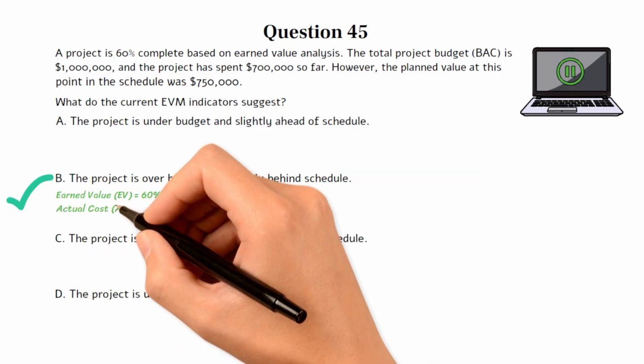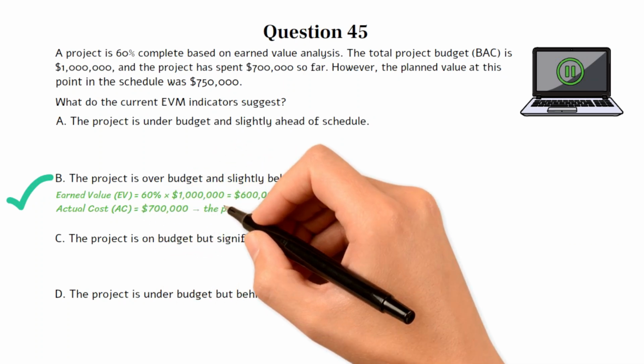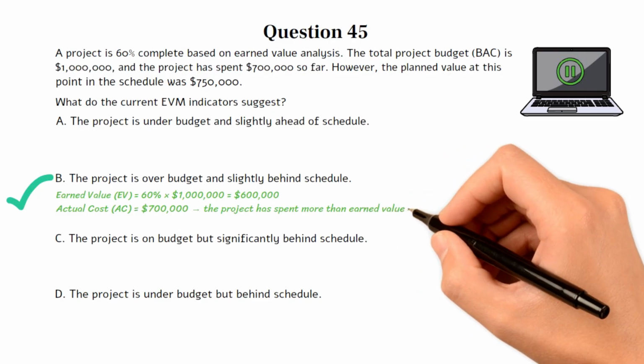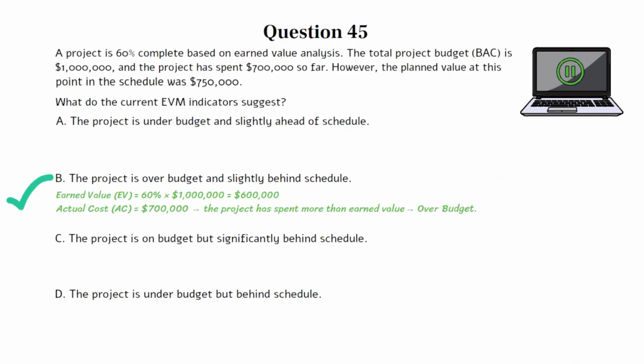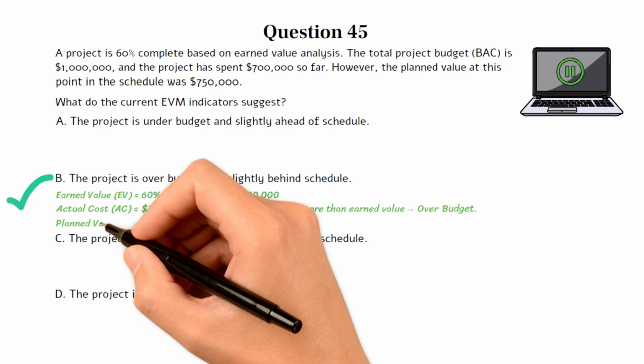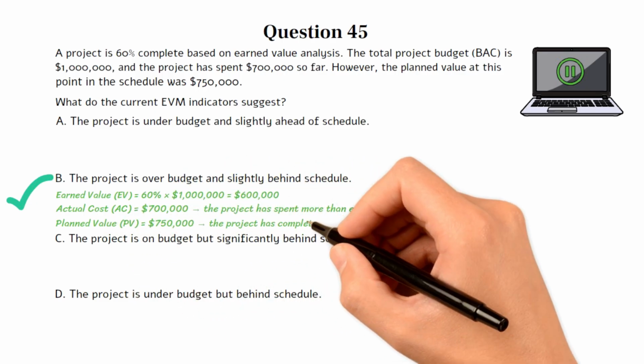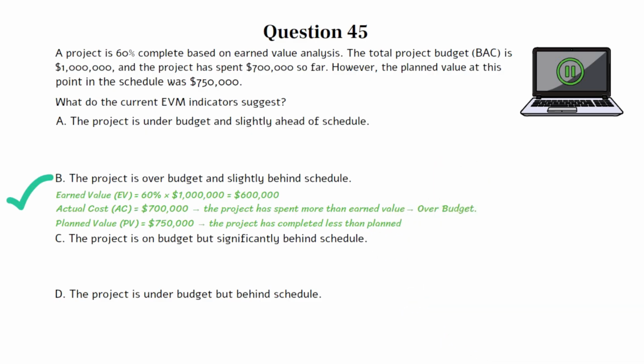Actual cost, AC, equals $700,000, which means the project has spent more than earned value. In other words, the project is over budget. Planned value, PV, is $750,000, which means the project has completed less than the planned value. In other words, the project is behind schedule. Choices A, C, and D are incorrect. Let's move on to the next question if you're ready.